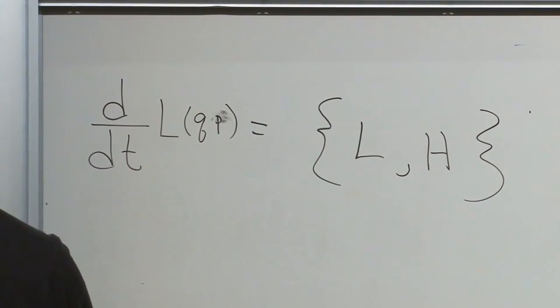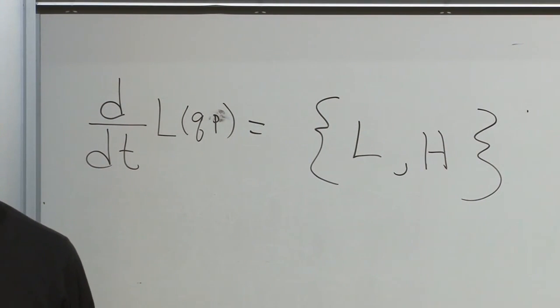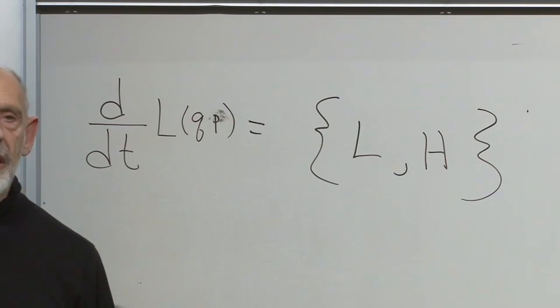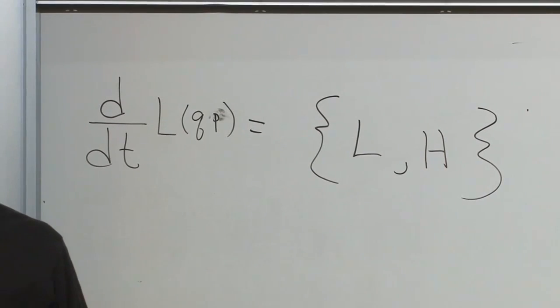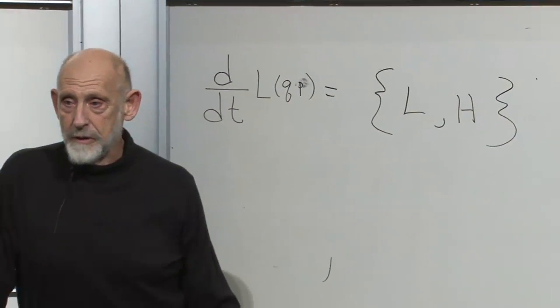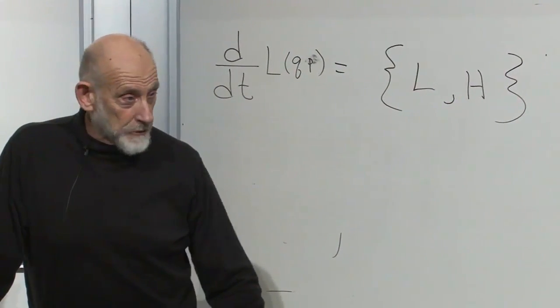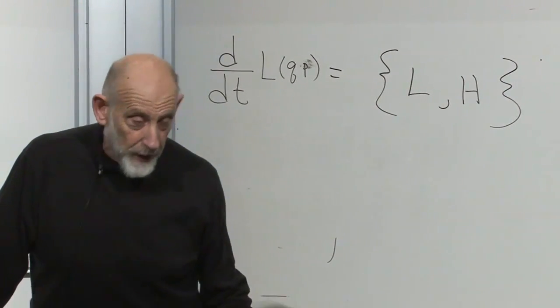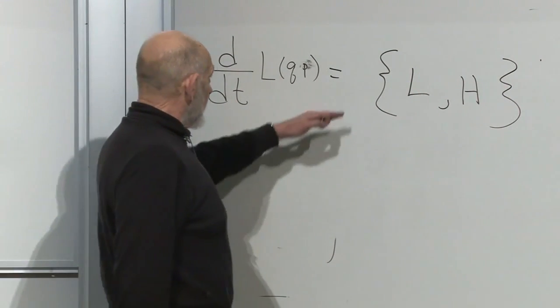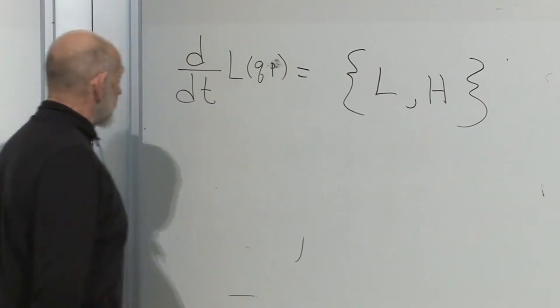Do you remember that? Probably some of you don't. But I'll advise you to go and look it up. It's in the next to last lecture of the classical mechanics on Poisson brackets. I will not go through it here.